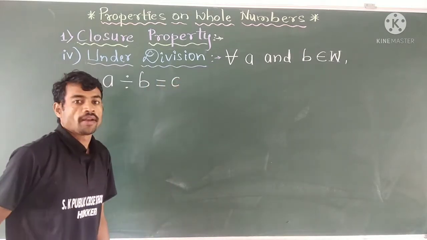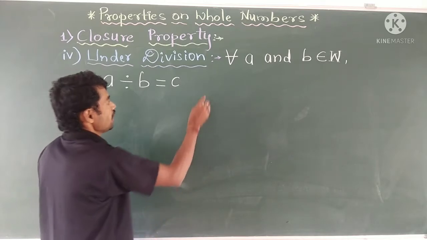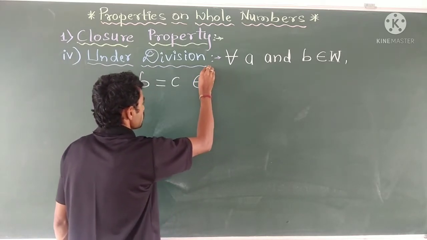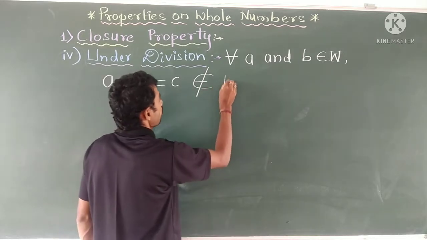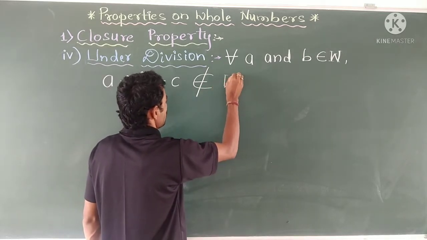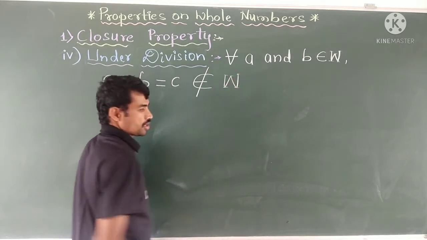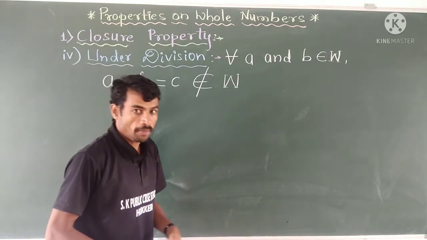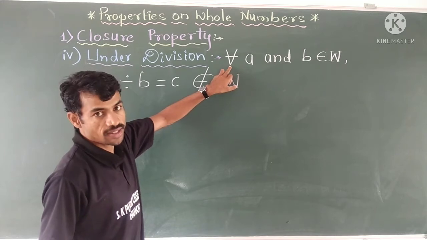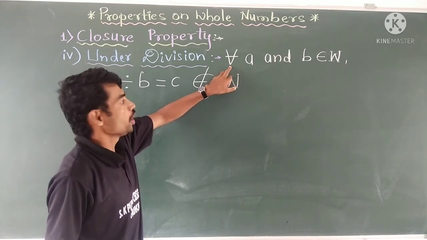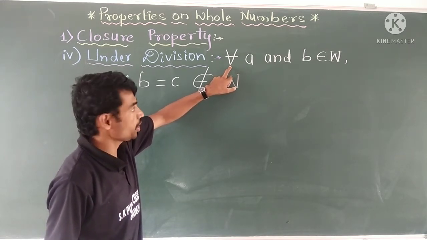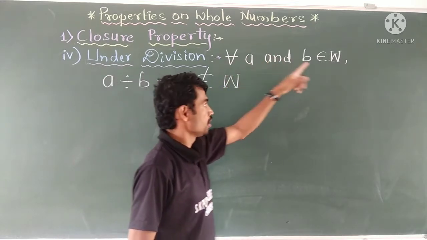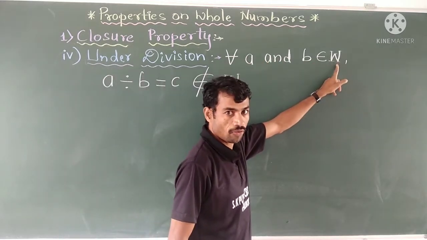One more number we obtain, and that number is not in the set of whole numbers. Clear? Dear students, this is the symbol used mathematically: for every A and B, every number. W is the set of whole numbers.